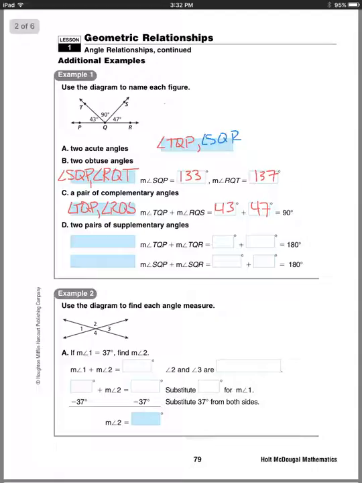Because it lies on a straight line, we know that we're going to have supplementary angles. So we're going to take this here and look at it as one angle. We're going to add these together, and we're going to get 137. So we have a 137 degree angle and a 43 degree angle. TQP is 43, and TQR is 137.